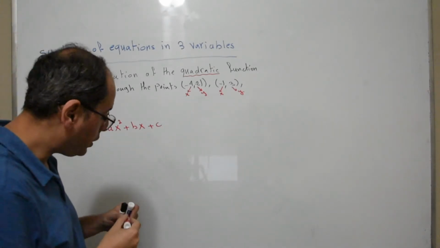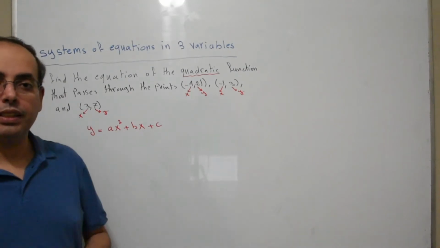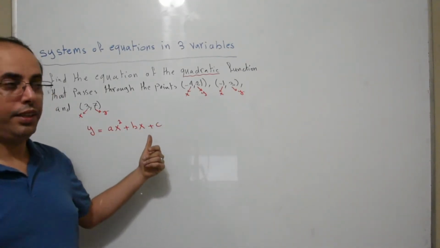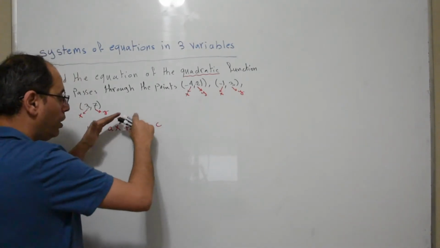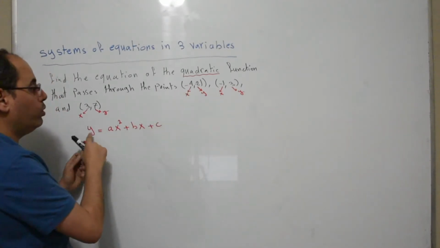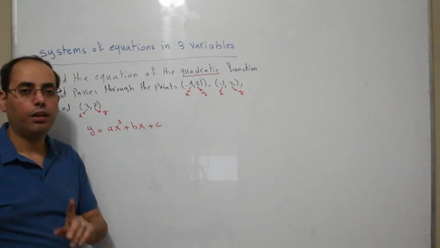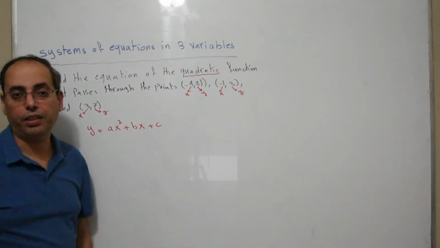Right? So now, do I know y? Do I know x? Yes, this point passes through this quadratic function. So if x is -4, y must be -21. But I don't know what a is, what b is, and what c is.